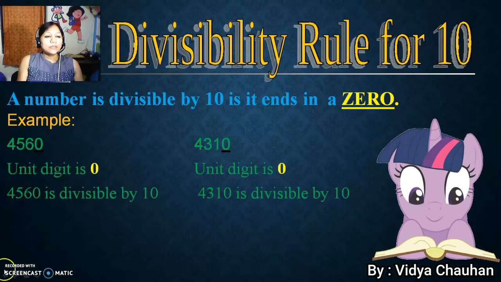Here I have taken two examples, 4560 and 4310. In both cases you can see that the digit at ones place is 0. That means both these numbers are divisible by 10. If we have any other digit at unit place apart from 0, then the number is not divisible by 10. Clear, students?